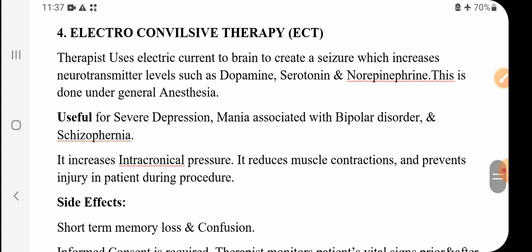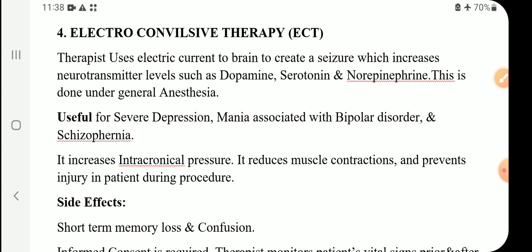And coming to the next therapy, it is electroconvulsive therapy, which is called ECT. In this ECT therapy, the therapist uses an electrical current to the brain, which increases the neurotransmitter levels. There are some technical terms, neurotransmitter levels like dopamine and serotonin, etc. And these are done under general anesthesia.